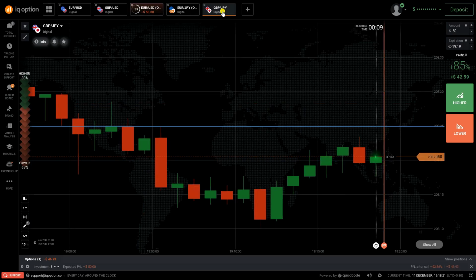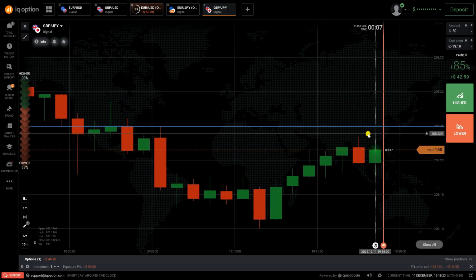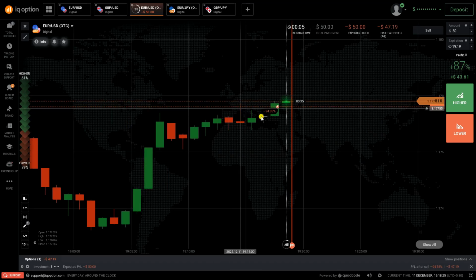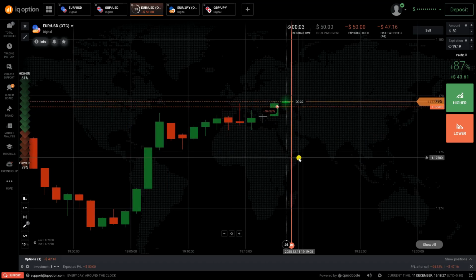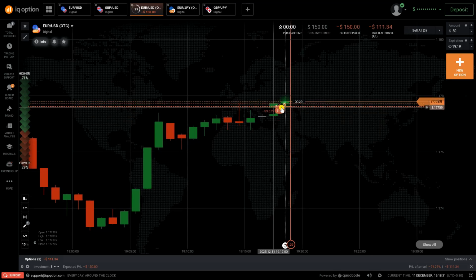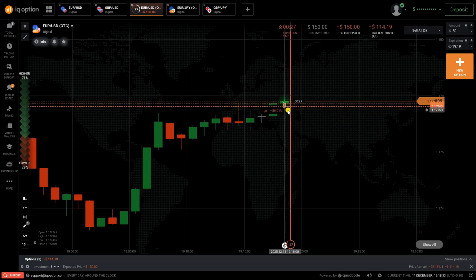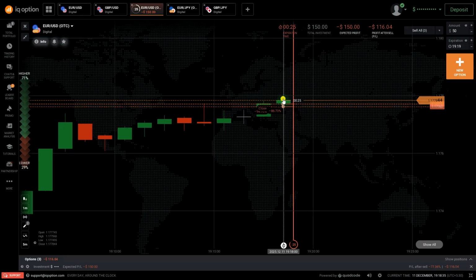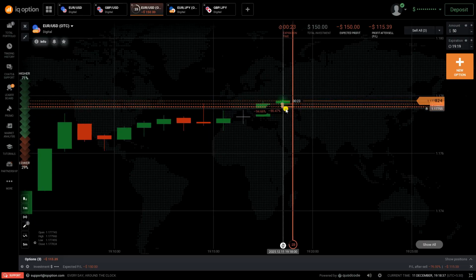Okay, GBP/JPY, the market still hasn't reached this horizontal line. So I am placing two trades just to recover my previous one, because I didn't take the trade exactly at the opening price of this candle.